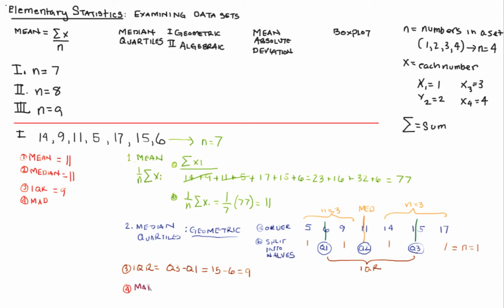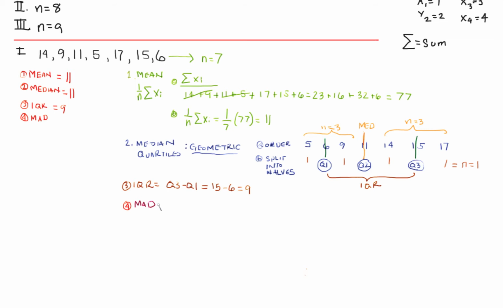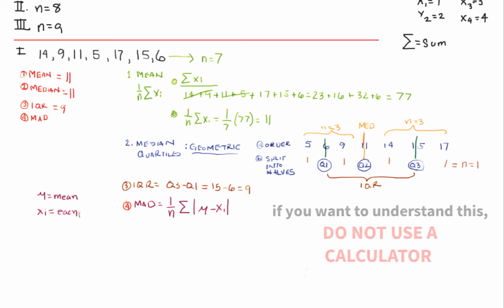Finally, our mean absolute deviation, and that has this little formula here, which is 1 over n, again like the other one, but this is the sum of the absolute value of the mean, which is a little Greek symbol we call mu, and each one of the x's.